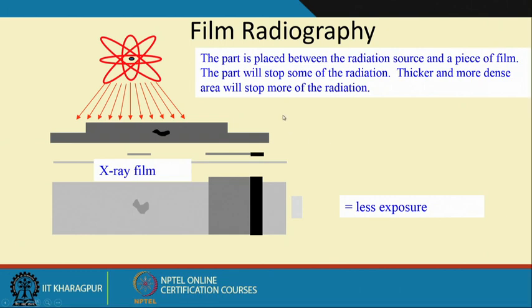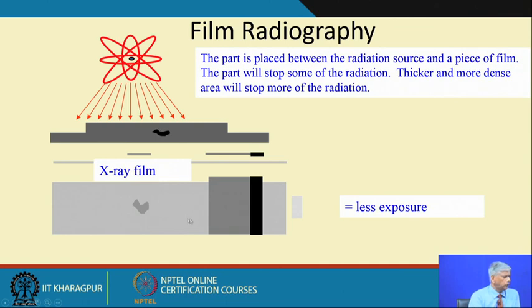So, in the film radiography, what happens? A part is placed between the radiation source and a piece of film. Okay. So, this is my part, and there is an X-ray film, and there will be two amounts of exposure, okay, because of the density.